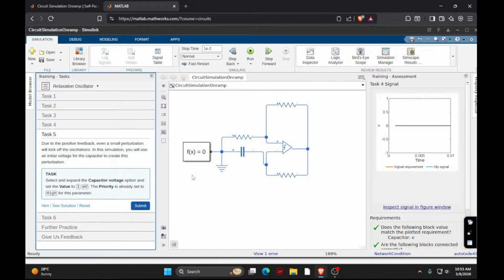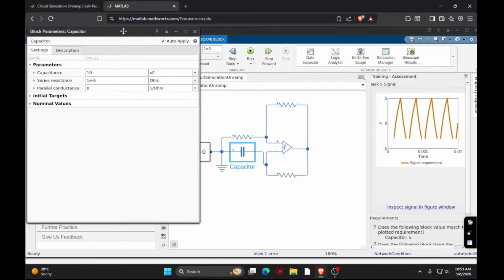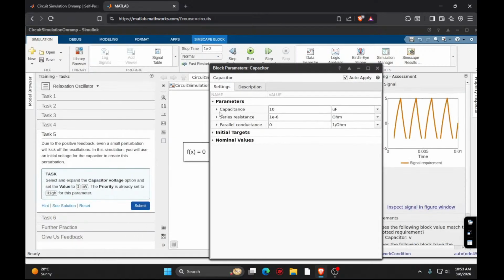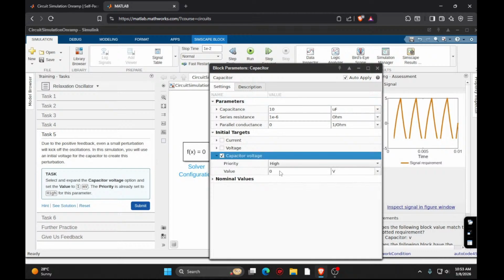Next, set the capacitor. Select and expand the capacitor voltage. Capacitor voltage is set. Capacitor voltage option and set the value to 1 millivolt.